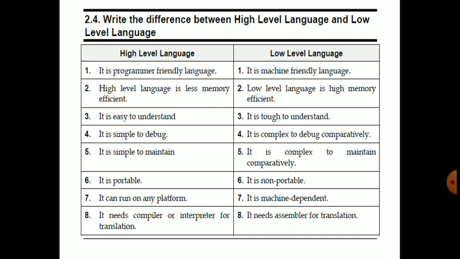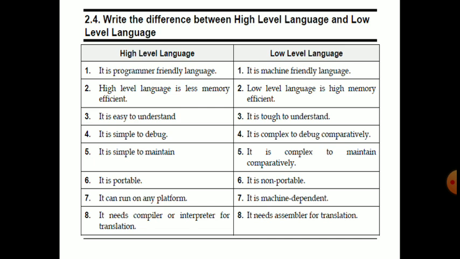Now see the difference between a high level language and a low level language. A high level language is a programmer friendly language. That means the user can easily understand, easily write, easily remember, and easily debug. That is a characteristic of high level language. In the case of low level language, it is machine friendly.